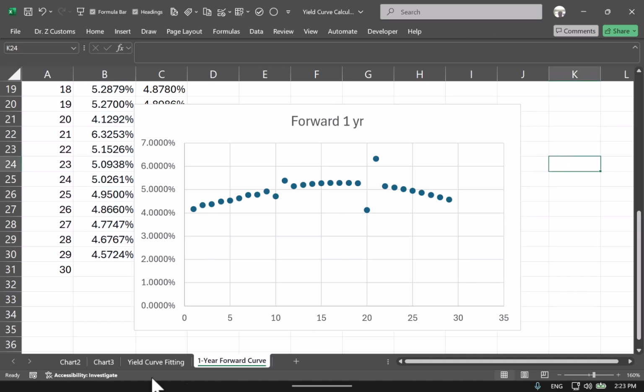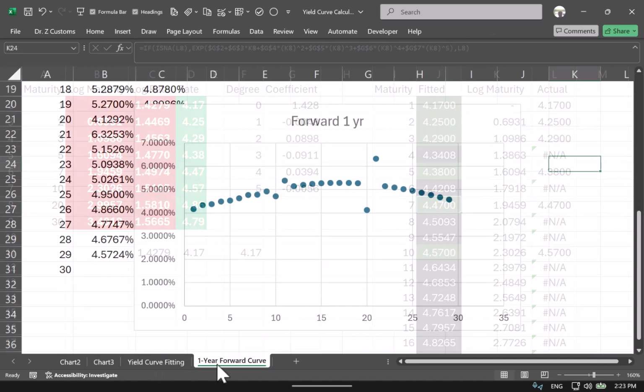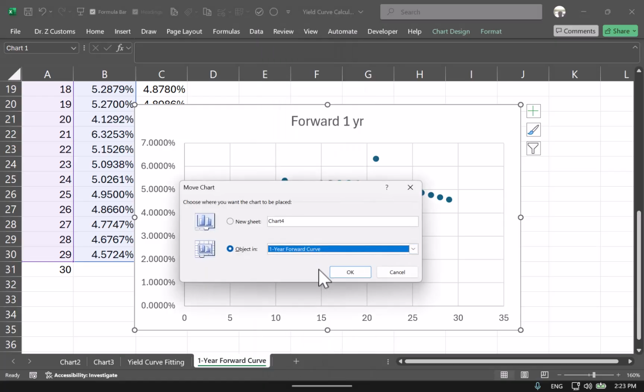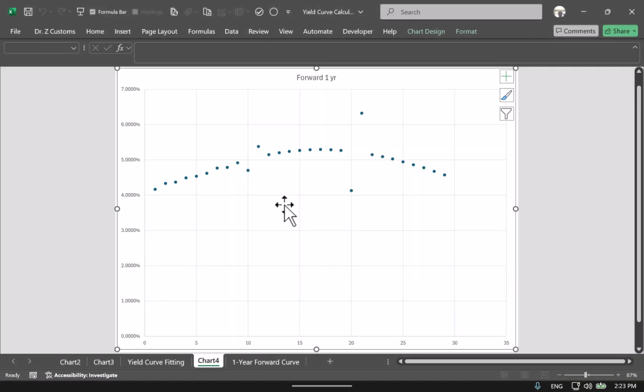We're going to assume that we have a forward curve. Come on. If there are anomalies like that, we can always manually fix those.